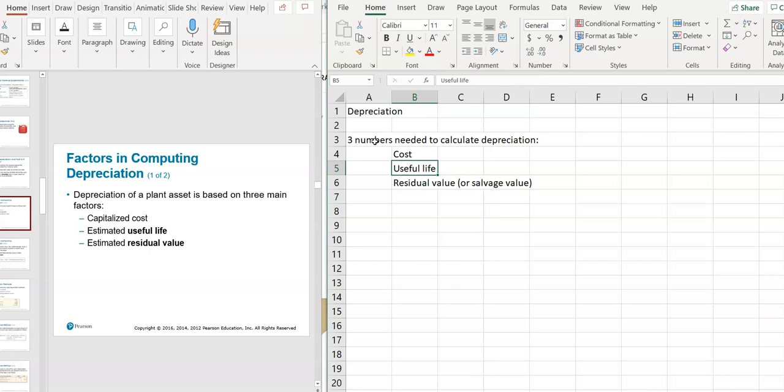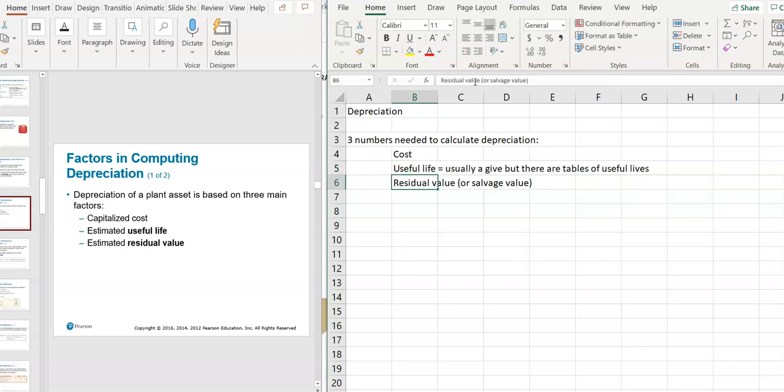The useful life will usually be a given. But if you have to look it up at some point in time, there are books, there are tables that have been put together by the IRS or different accounting places like that you can find.